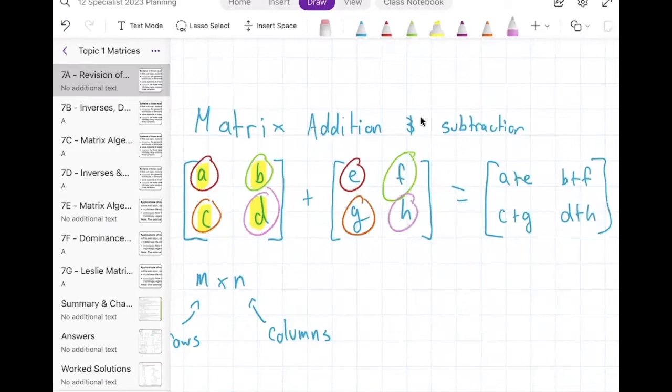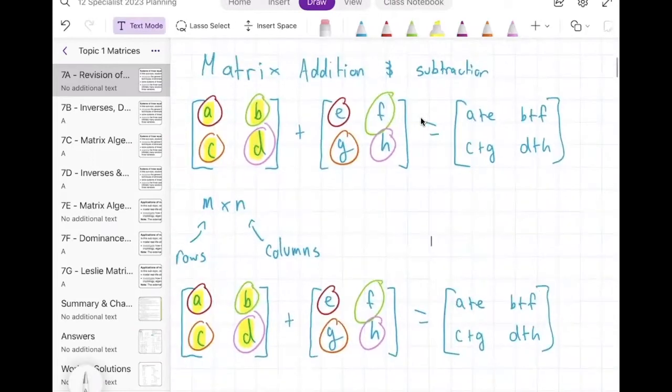Now, if I'm subtracting, this process is exactly the same. If I change this addition to a subtraction symbol, then all I do is change all of these symbols to a subtraction symbol, and the process is exactly the same. So addition or subtraction, I can just add or subtract my corresponding elements in my 2 matrices.